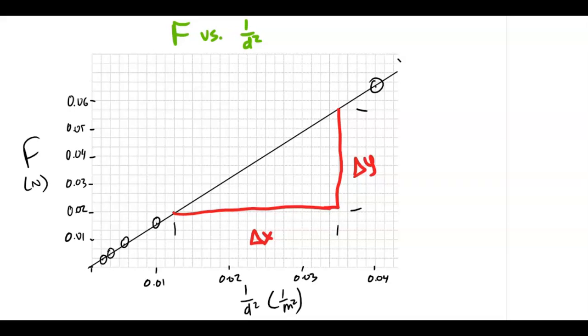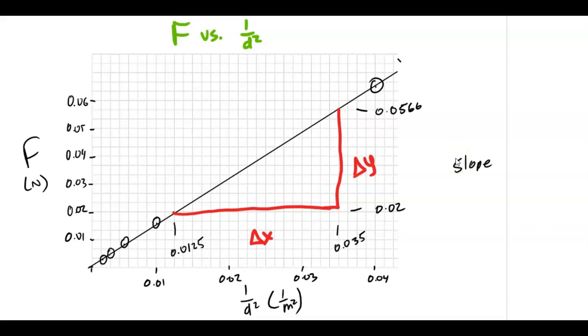Y, we've got 0.0125 all the way to 0.035. X, we're going from 0.02 all the way to 0.0566.